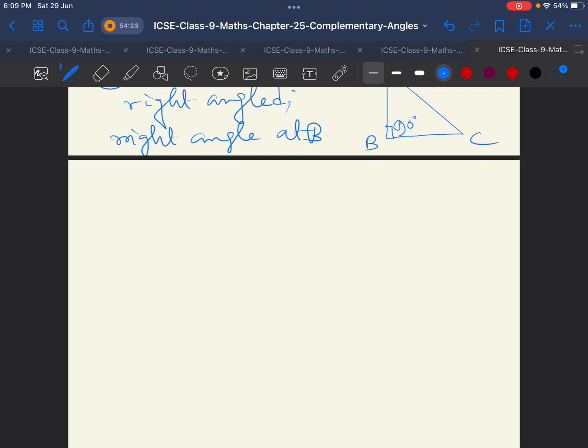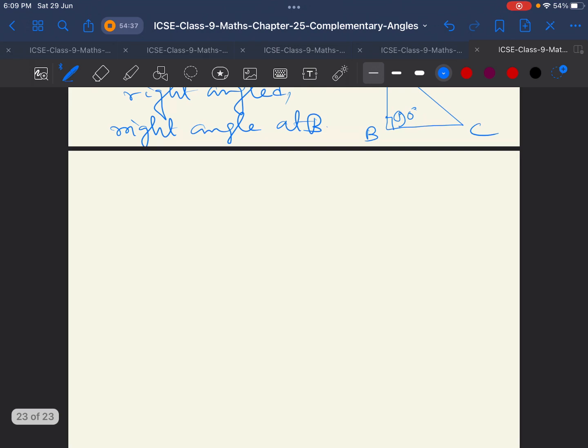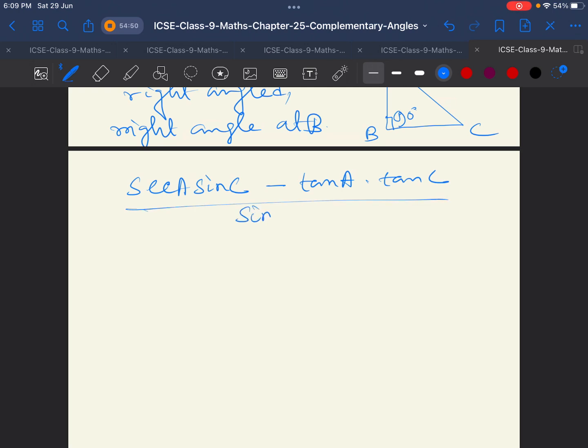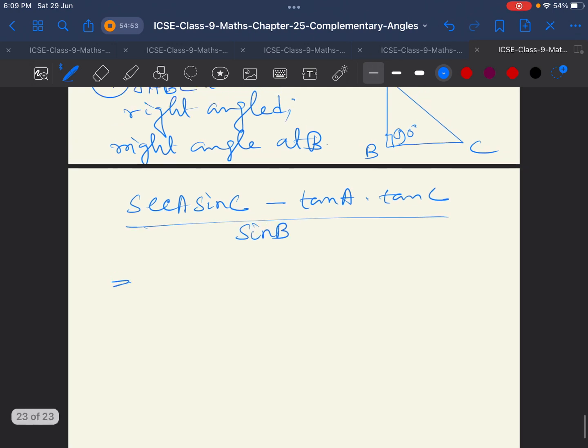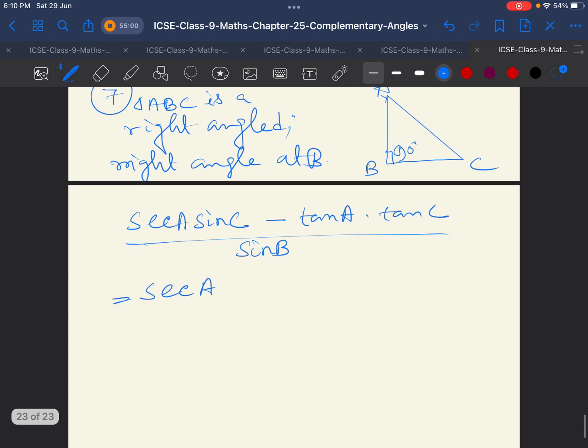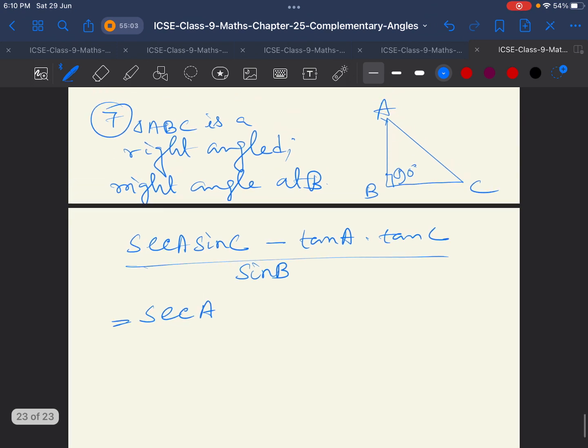Now we have to find the value of this term: sec A sin C minus tan A into tan C, by sine of B. Here, angle A plus 90 degree plus angle C: the sum of the three angles of a triangle is 180. So A plus C equals 90 degree.